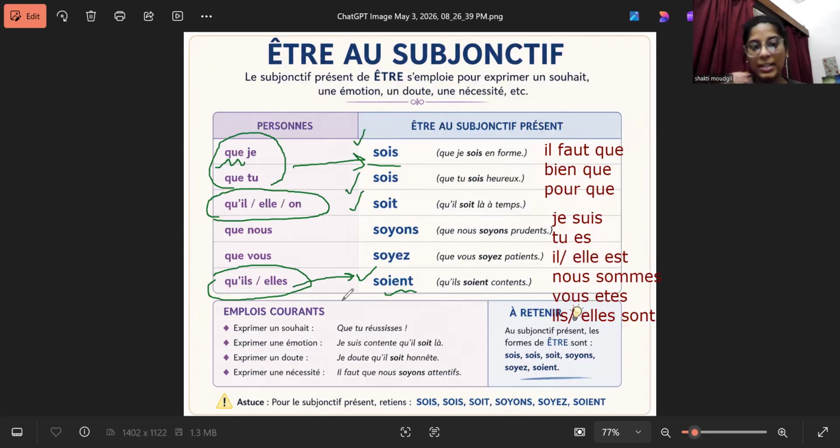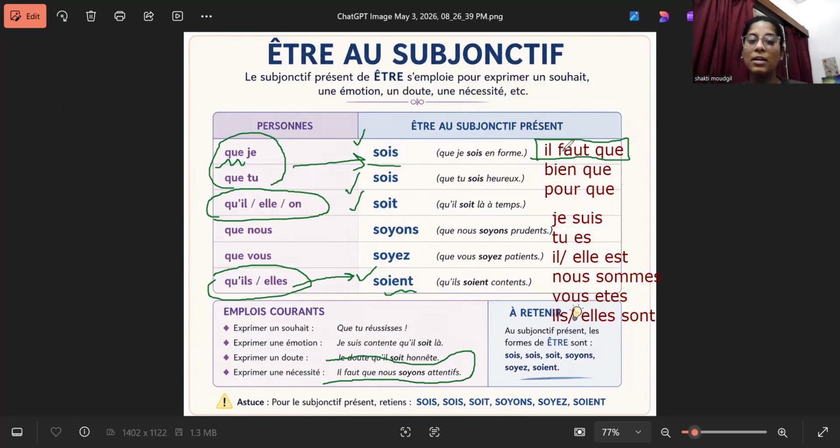Now let us have a look at some examples where we would use some of these subjunctive forms. Maybe we can try one with il faut que. This one. Il faut que nous soyons attentifs. Il faut que is one of the expressions with which we always use the subjunctive form.